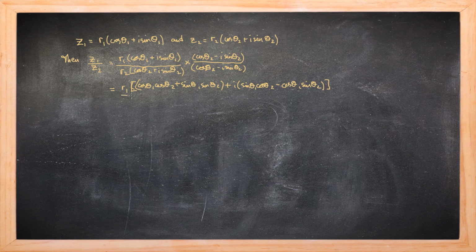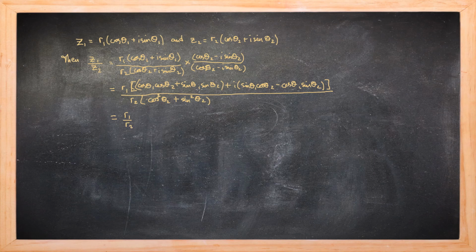And then the denominator, that'll be r2, and then our first two terms give us cos squared theta 2, and the inside and outside two cancel. The last gives us minus i squared, which is plus 1, sin theta 2 sin theta 2, so sin squared theta 2. And we know that's 1 on the bottom line, r2 times 1.